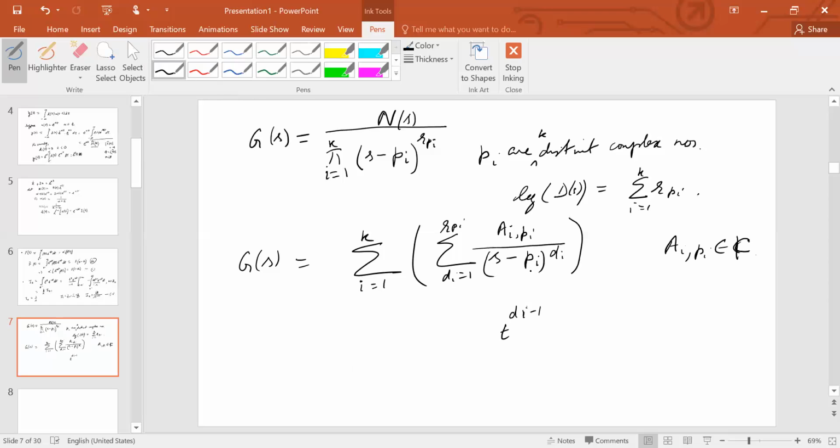And when it's shifted by this p in the frequency domain, there will be e to the power p_i t, with some A_{i,d} and possibly the factorial of d. That is how these terms will each individually be gotten into this form.